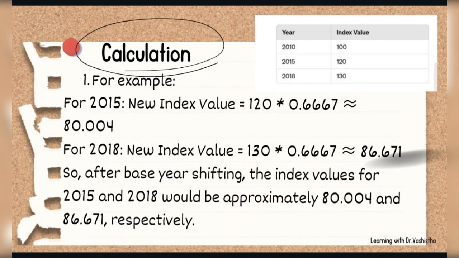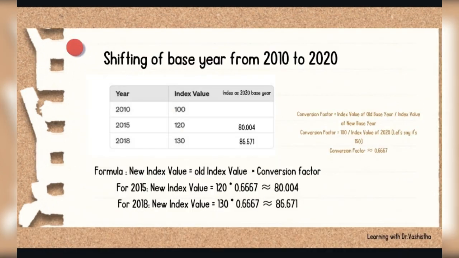So we'll multiply this conversion factor with the index values in the years 2015 and 2018. In 2015 we got 80.004, and in 2018 we got 86.671. So these are the two new values when we have shifted the base year. Now we have simply put those values in the table with the new base year 2020, where 2015's value is 80.004 and for 2018 it's 86.671.